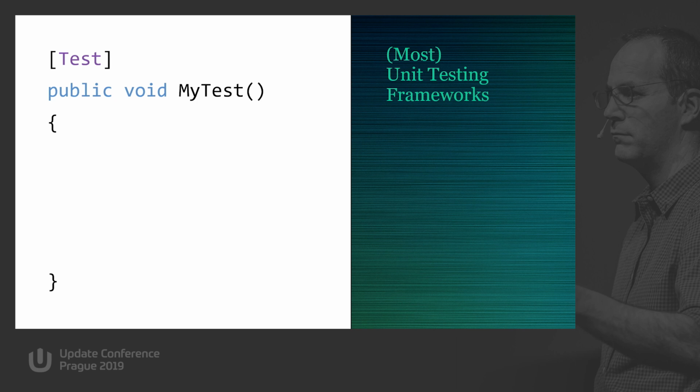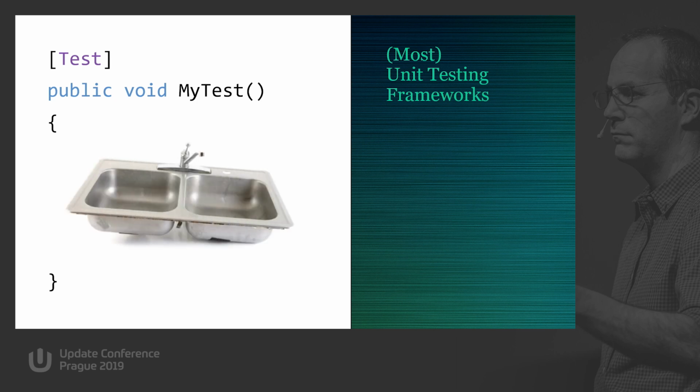I have a method, and that method has an attribute written on top of it, marking it as a unit test, and then there's the name of the method, which is bound by how we name our methods. I can't use spaces or weird characters, but I can sort of write my test name. And then comes the actual test, where essentially I can write whatever I want. I can put here everything up to and including the kitchen sink.